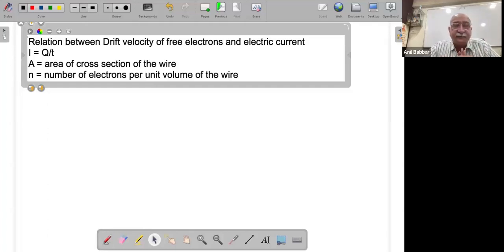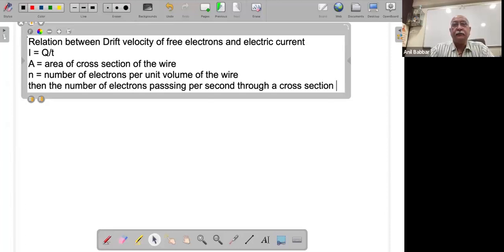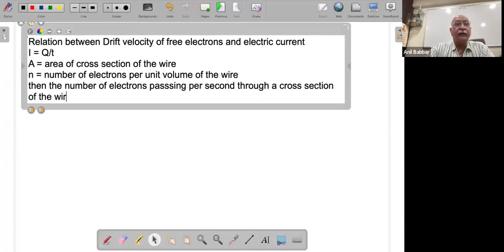Then the number of electrons passing per second through a cross section of the wire will be N into A times VD.